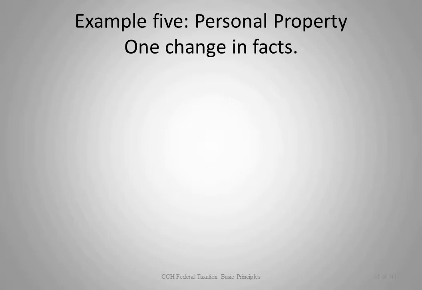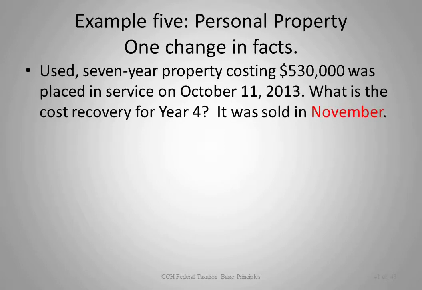All right, here's our last example. I made one change, the word in red. All right, it's still a 530. We're still selling it in year 4, but it was sold in November. So that means our basis and method will be the same, but our modifying convention has to count a different number of quarters to apply the modifying convention. So this time the answer is larger because we owned it more of the year.